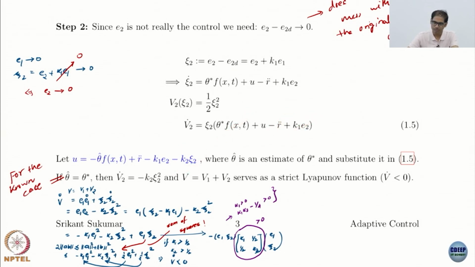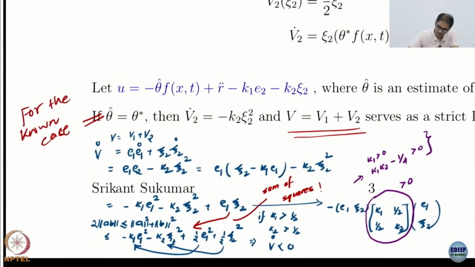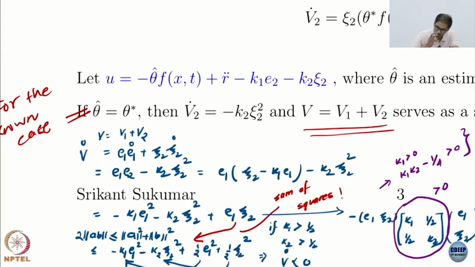Ideally, I would not recommend doing it like this. I would say you first take V equal to V1 plus V2, take its derivative, then guess the control. So what is V equal to V1 plus V2? V1 was E1 squared by 2, and V2 is psi2 squared by 2. So V1 dot is E1 dot, V2 dot is psi2 dot.